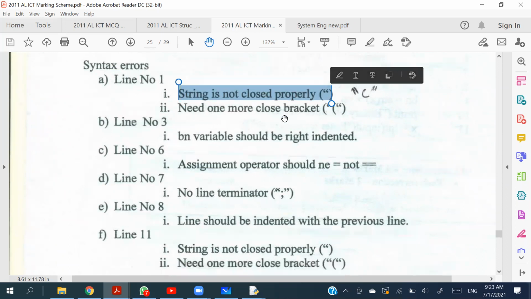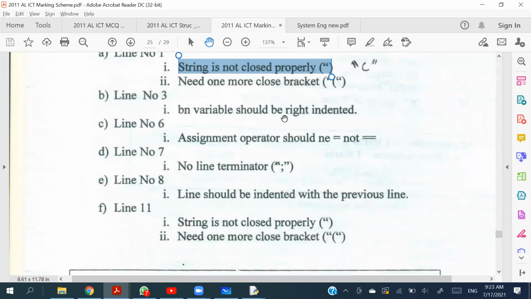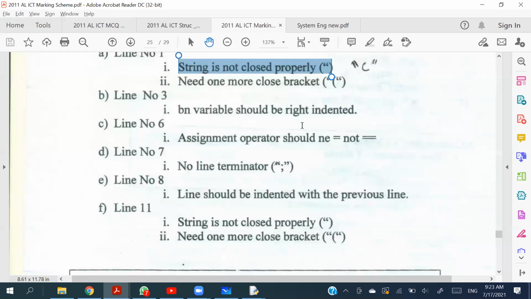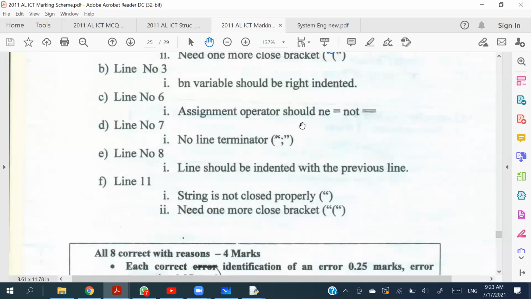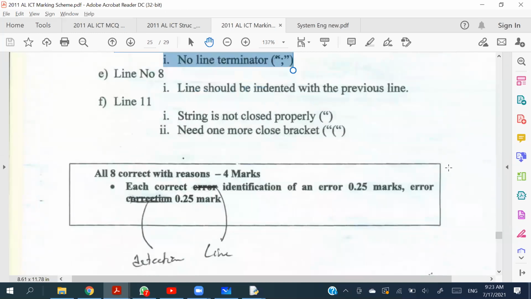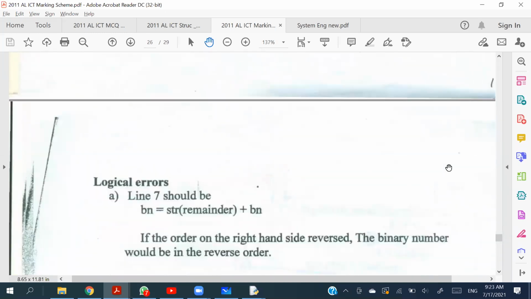So that is how they have given you 4 marks. Have it correctly, people. Maybe for line number 6 and line number 7 you can have the marks. Is that clear? Any questions, people?